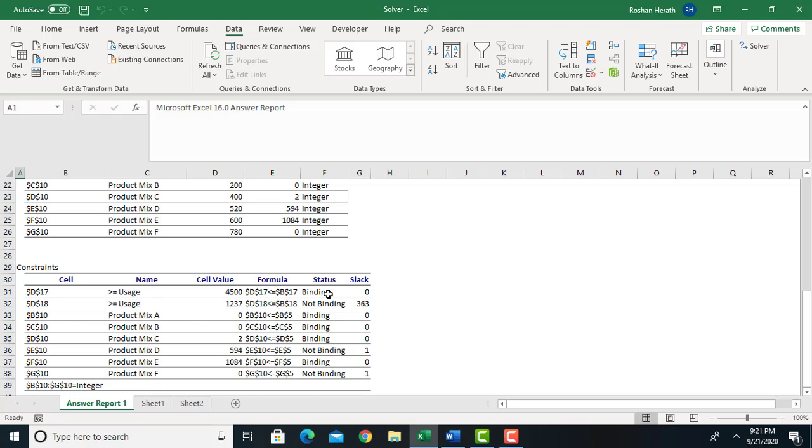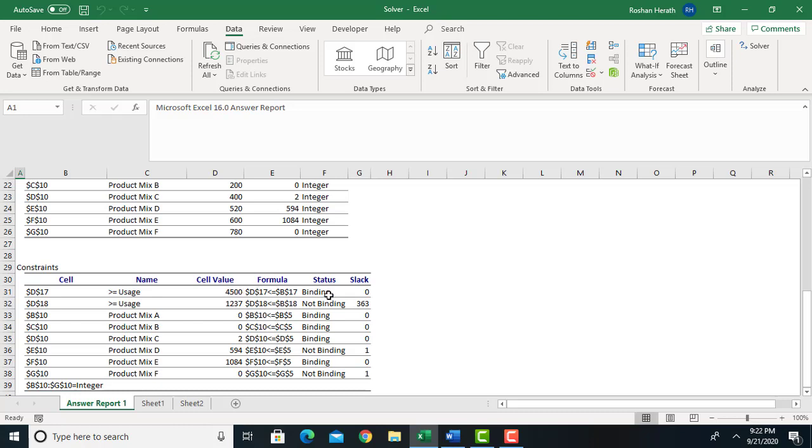What do you mean by this binding constraint? That means that is the constraint which will hinder your profit potential, a constraint that prevents you from achieving a maximum profit. So you are really in short of this.